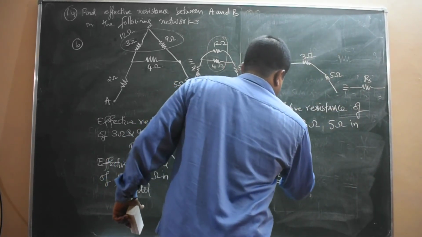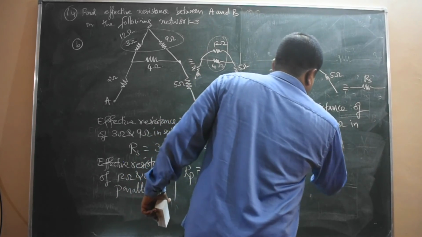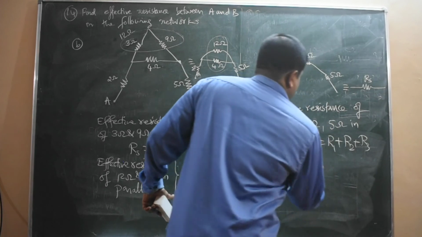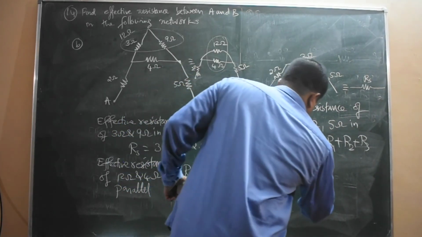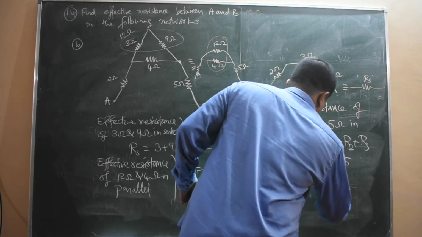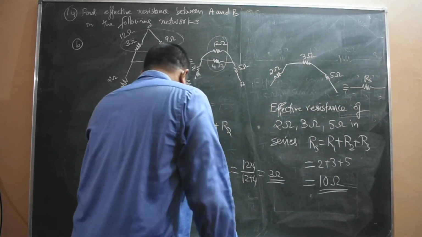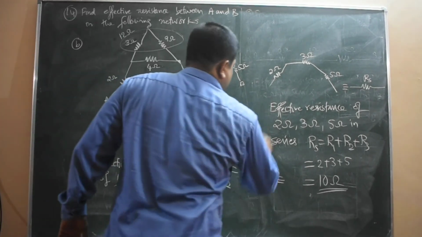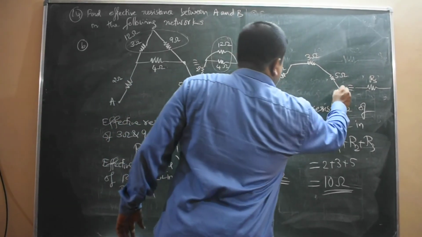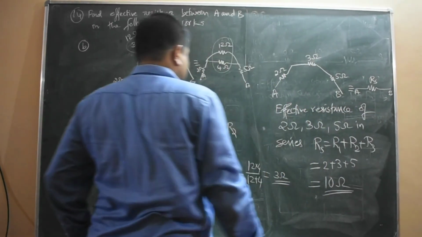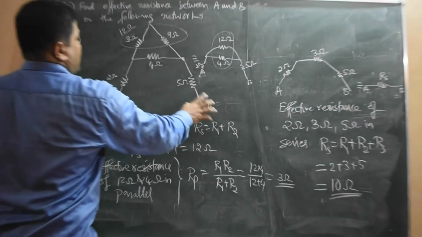Finally RS is R1 plus R2 plus R3, the formula is a must. So that is 2 plus 3 plus 5, that is 10 ohm. So this is the final answer, the effective resistance between the two points A and B as given in the question. So the final answer is 10 ohm between the points A and B.